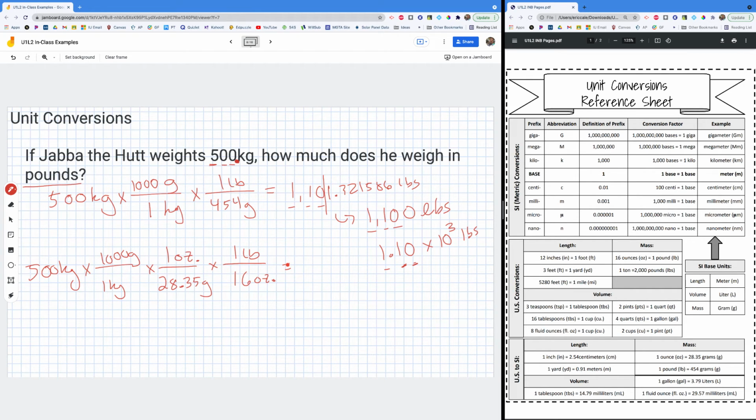So 500 times 1,000 divided by 28.35 and divided by 16 gets us 1,102.292769. Again, we had 3 sig figs, 1, 2, 3, cut it off there. It's still 1,100 pounds. Or, since I want to show 3 sig figs, 1.10 times 10 to the 3 pounds.